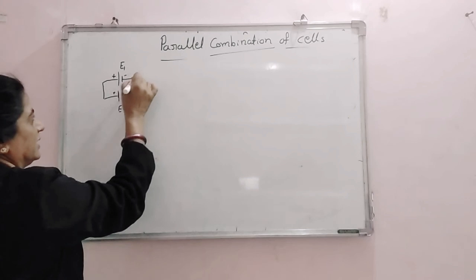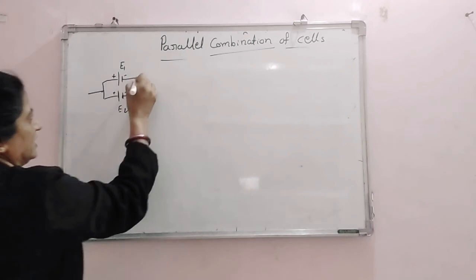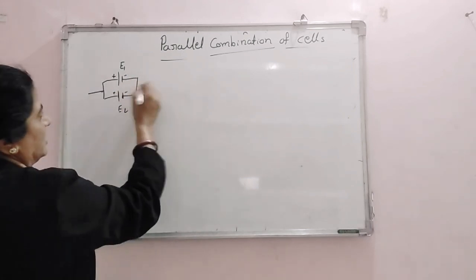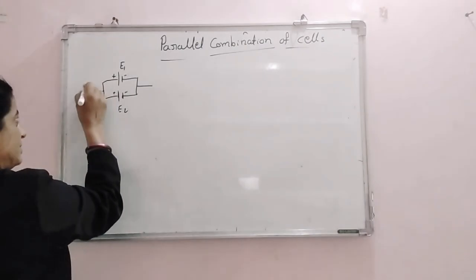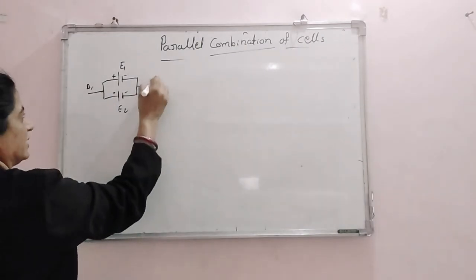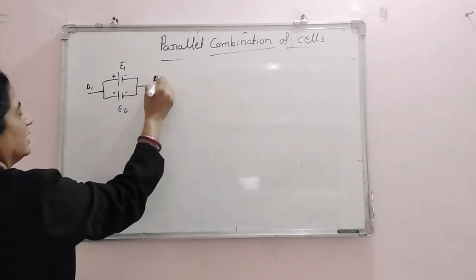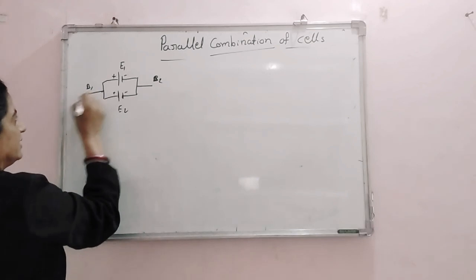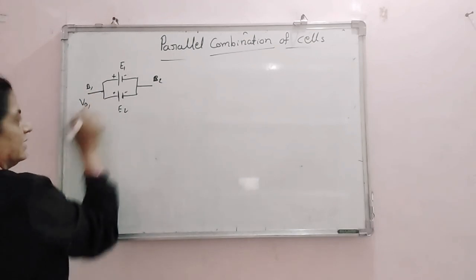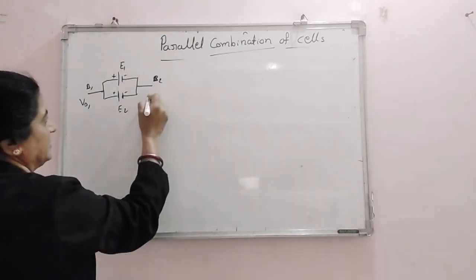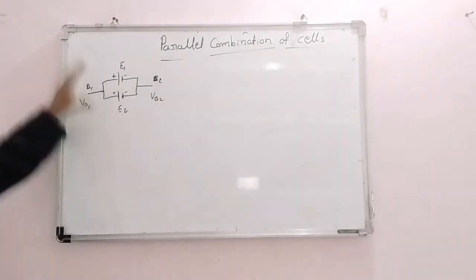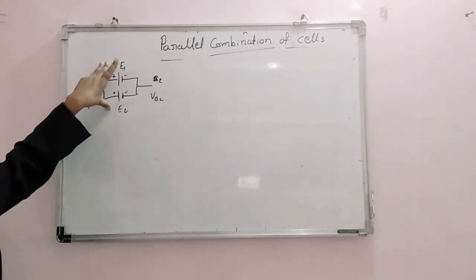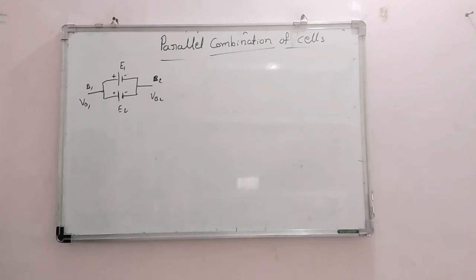Positives are commonly connected and taken as one terminal, and negatives are commonly connected and taken as the other terminal. That is, V1 and V2 are the two terminals. The voltage at V1 is VB1 and the potential difference at V2 is VB2. Such a combination is the parallel combination of cells.